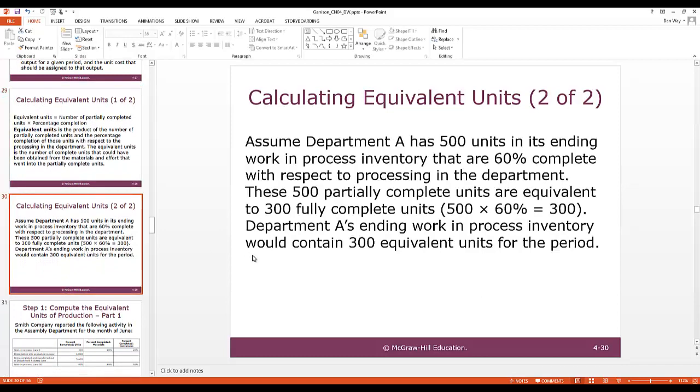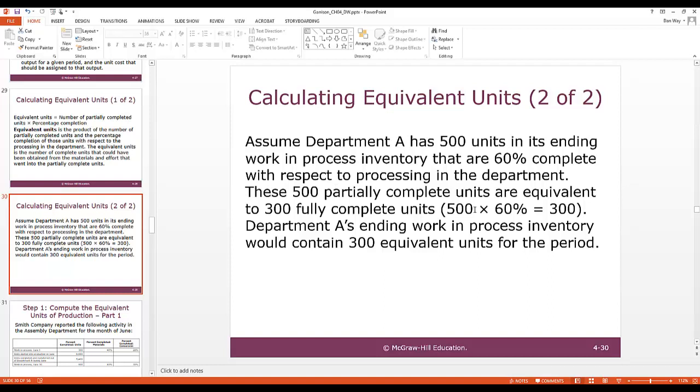So let's assume Department A has 500 units in ending work in process that are 60% complete with respect to processing in that particular department. Those 500 units are equivalent to 300 fully complete units then.